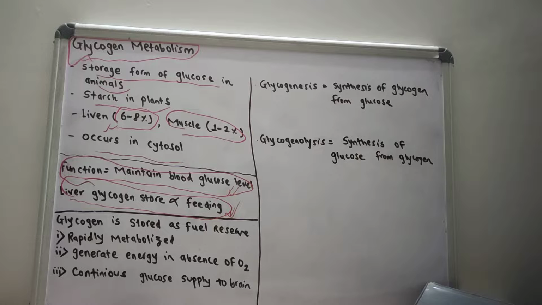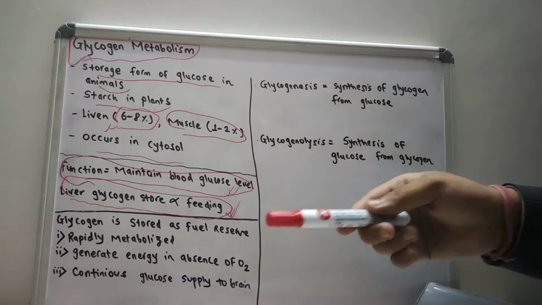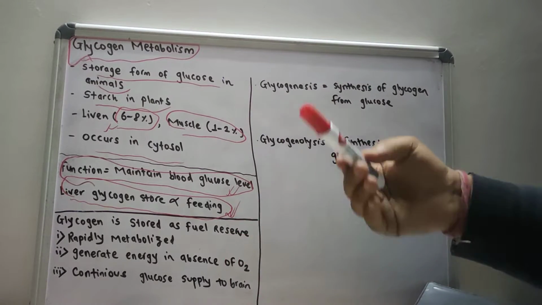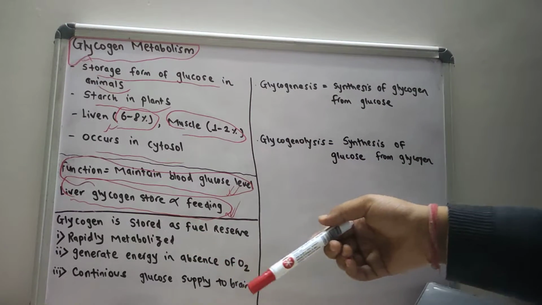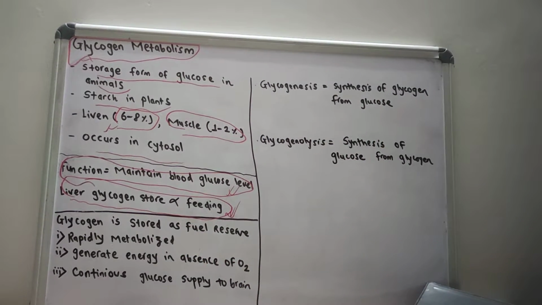I want to point out that glycogen is stored as a fuel reserve because there are some positive advantages of glycogen metabolism. If we look carefully, there are two main things that give energy to our body. One is carbohydrate and another is fat. One might say that fat produces more energy than carbohydrate.